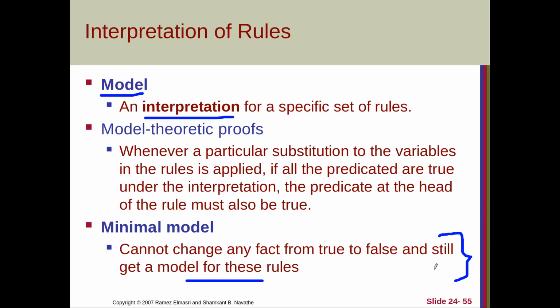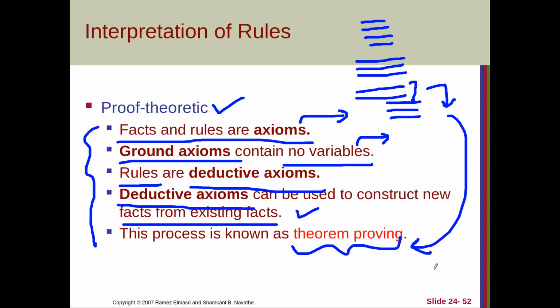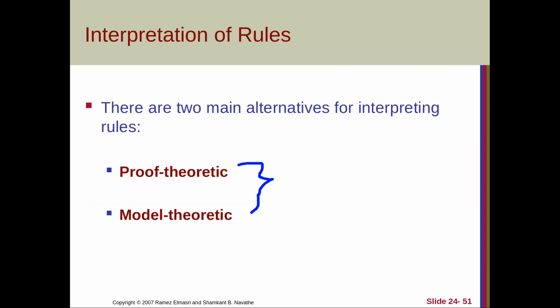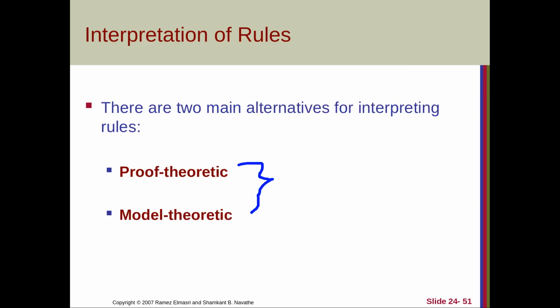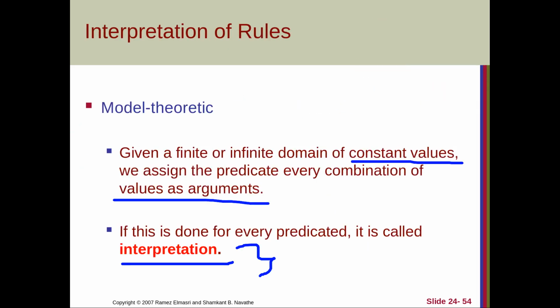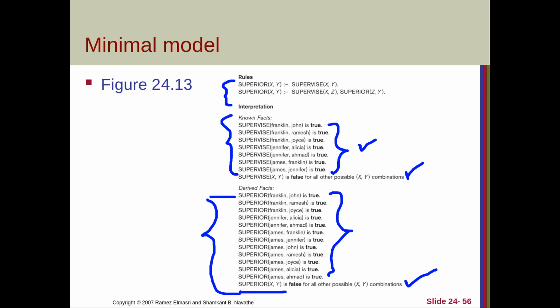So this is an example for a minimal model. You need to study the two interpretations of rules. One is proof theoretic, using direct representation, checking whether it is true or false. The second one is model theoretic, where we apply all the combinations of substitution for the variables, identify all the truths, and assume that all others are false.